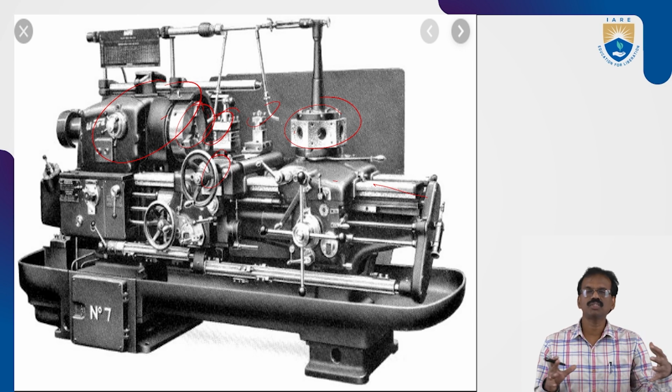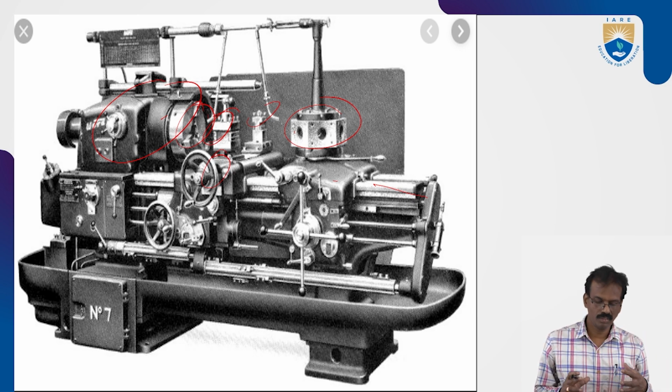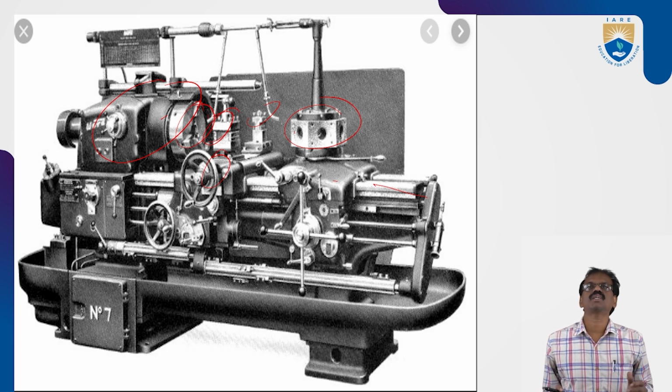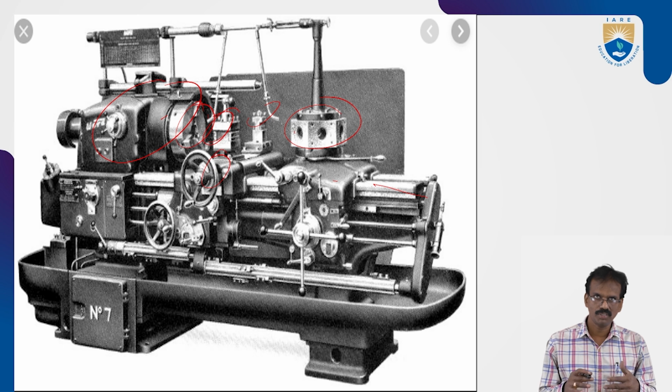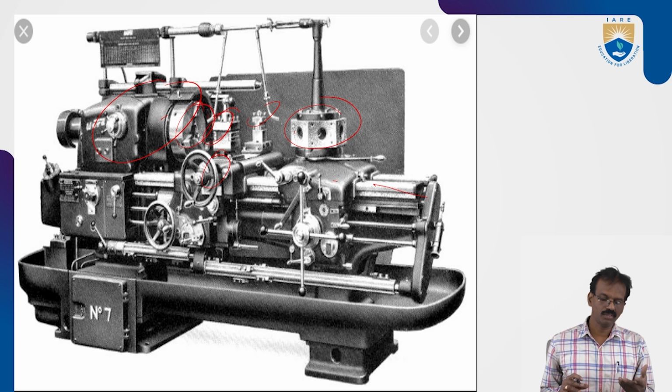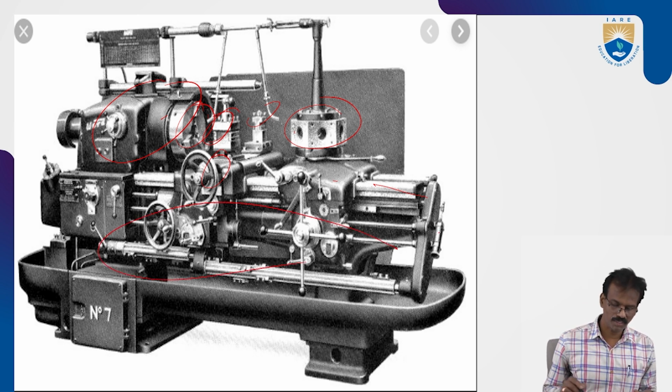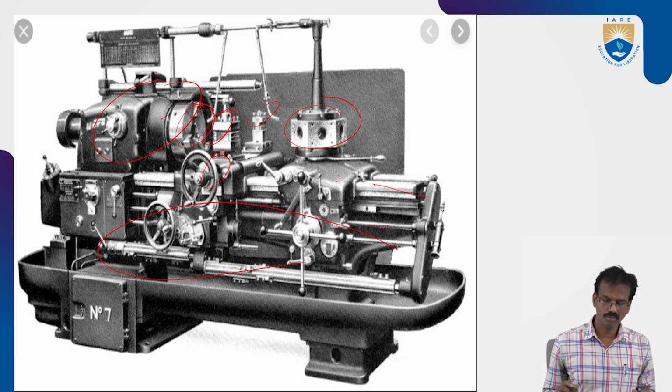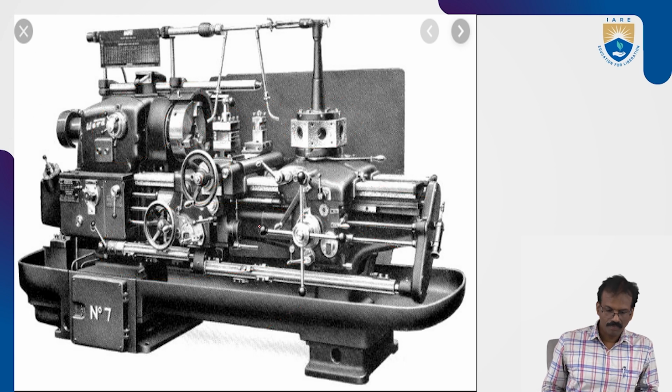We can fix all these tool bits at the same time and perform different operations as per the requirements. After completion of one operation, we can position a tool bit for the next, different operation. The remaining functions are the same, such as the cross slide, body and guideways.